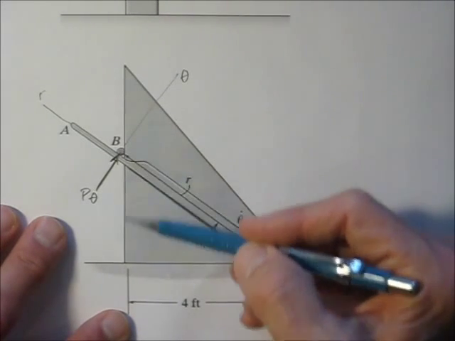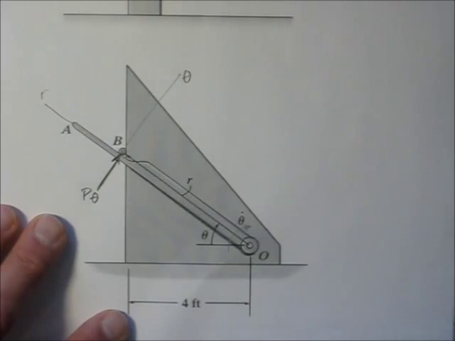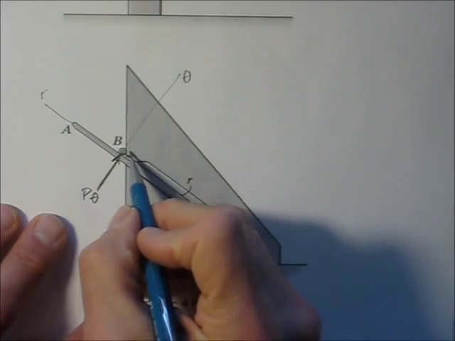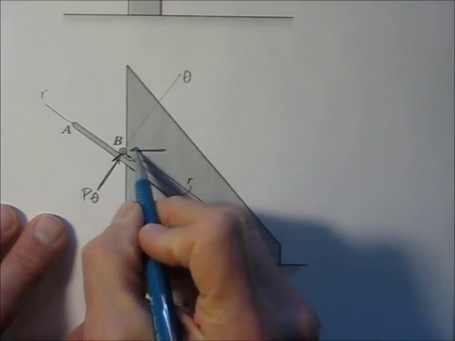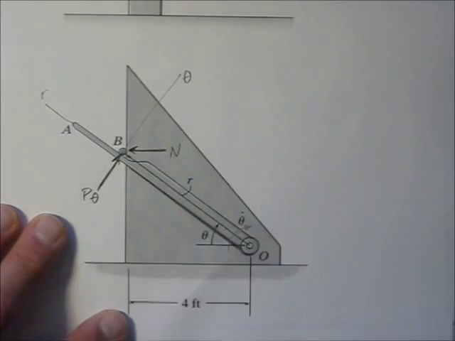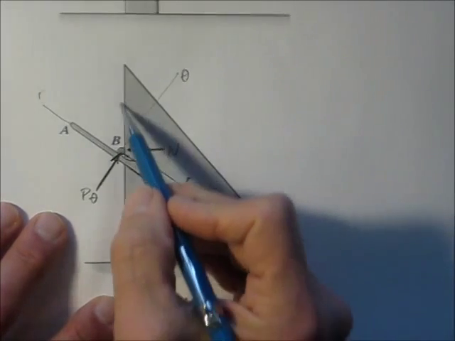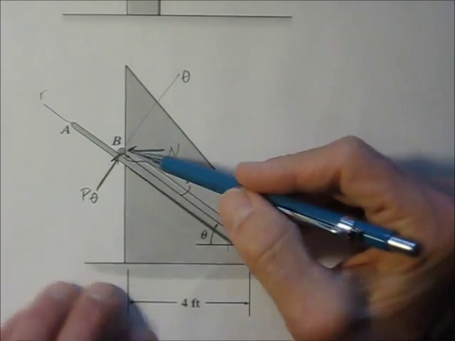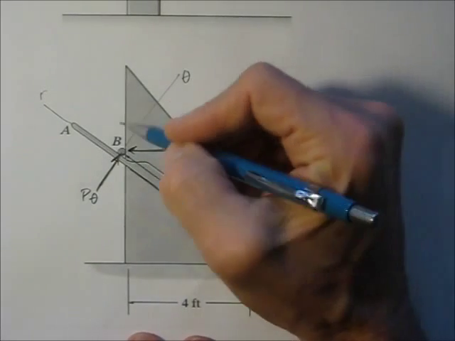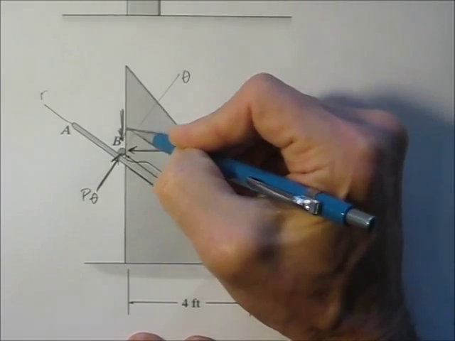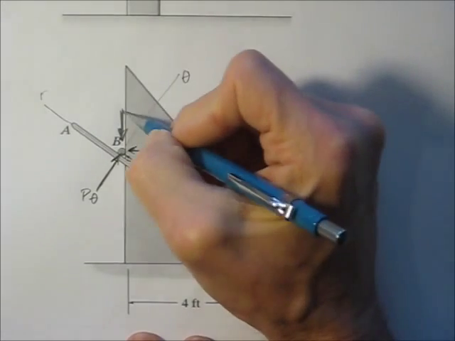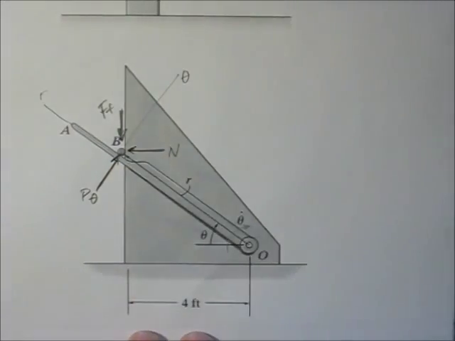And if you'll notice that this particular path is a vertical path, it's going up like that, but there's going to be a normal force. And the normal force is always going to be perpendicular to the path. And there may be some friction. If it's moving up like this, you may consider that there may be some forces tangential to the path. In this case, it might be a frictional force.